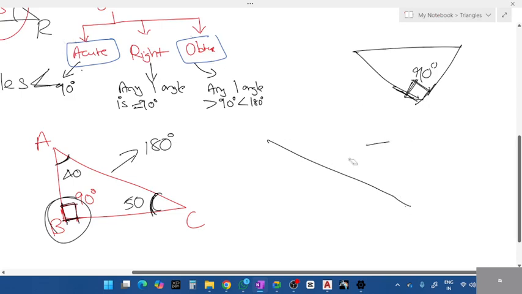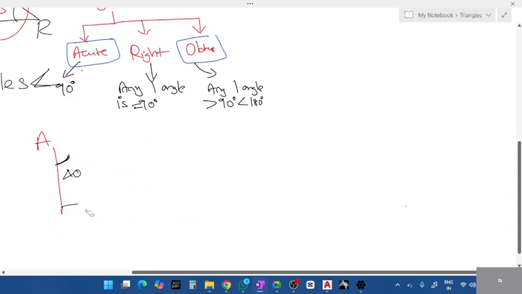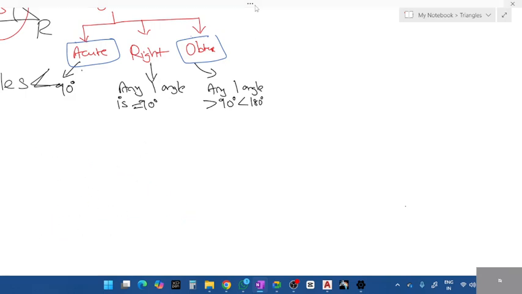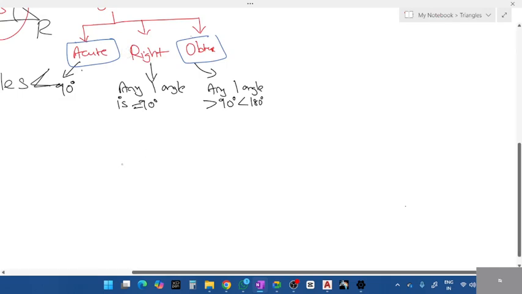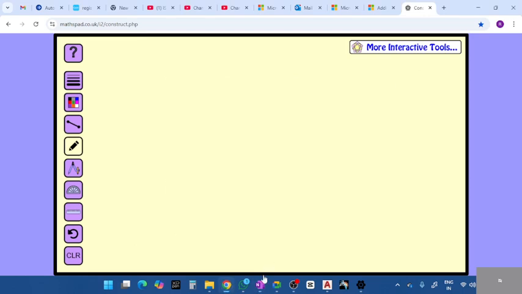Okay, next concept. Obtuse angle. What about obtuse? Any one angle will be greater than 90 degrees. Look at this. If I show you all using a protractor, you will understand. Look, let me draw a line, another line.